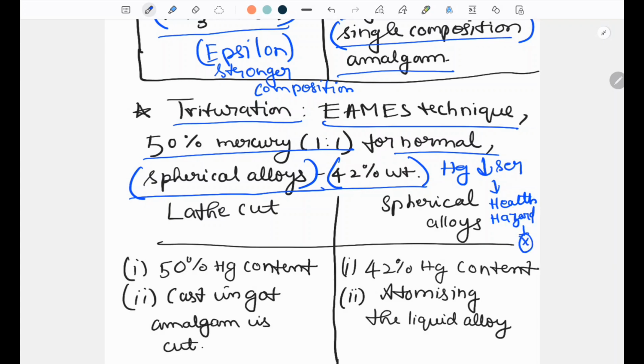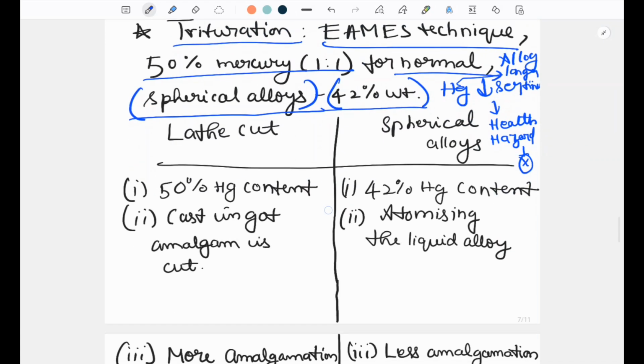At the same time, the overall alloy is going to be better. The alloy is going to be much harder, much stronger, and it's going to last for a longer time. So mercury should be as little as possible.